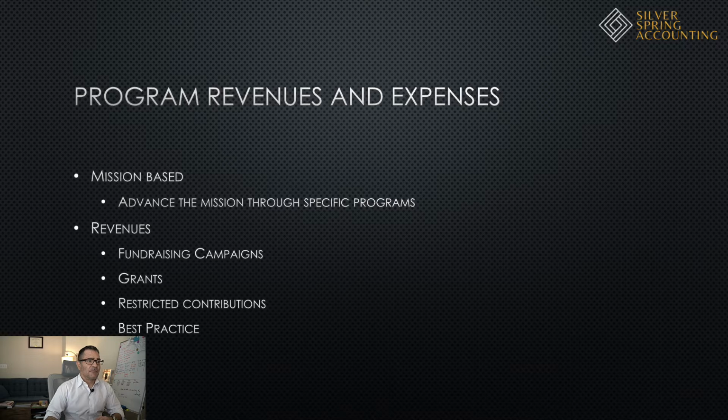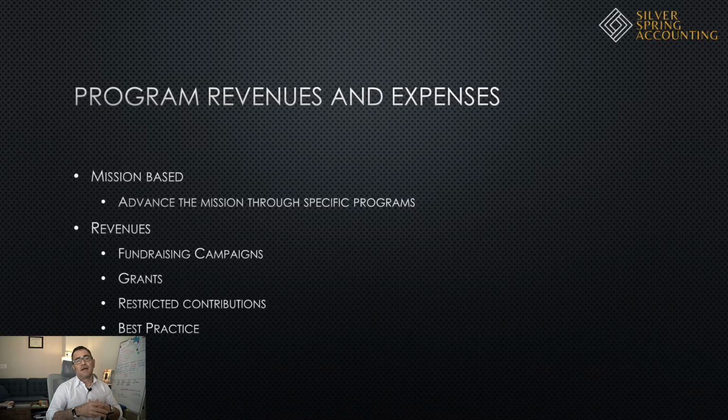Program revenue is really generally going to be related to fundraising campaigns. You send out flyers or emails, or have a campaign where you have a code that when they contribute to that code, that's going specifically to fund that campaign and a specific program.